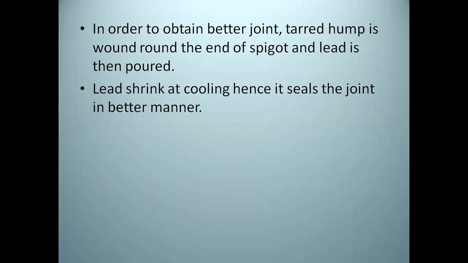When we fill the gap between these two pipes, for better joining, we use the tarred yarn, an oily or greasy substance, wound around the spigot end, and then lead is poured into that gap.